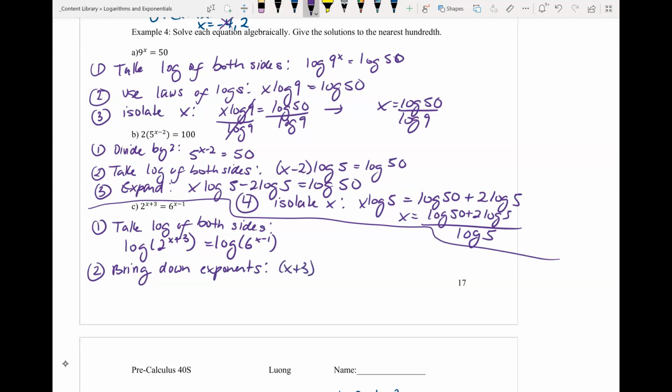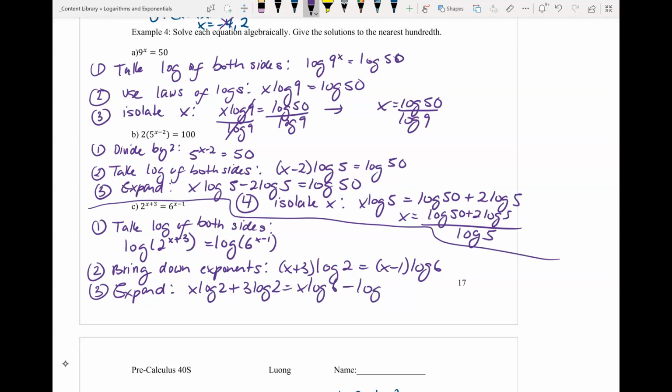So the x plus 3 is going to come down, multiply with log 2. The x minus 1 is going to come down, multiply with log 6. Next step, I'm going to expand. So it's x log 2 plus 3 log 2 equals x log 6 minus log 6.